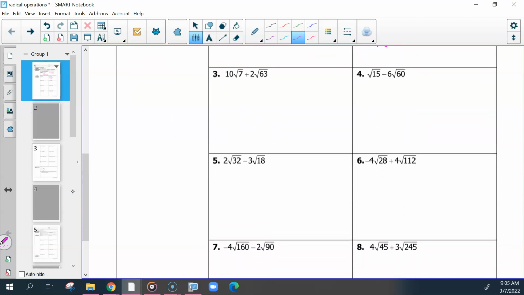Let's do number 3. Can we add these together as they are? No. We need to simplify it. The square root of 63. What is the highest perfect square we can divide by 63? 9. 9 and 7. The square root of 9 is what?